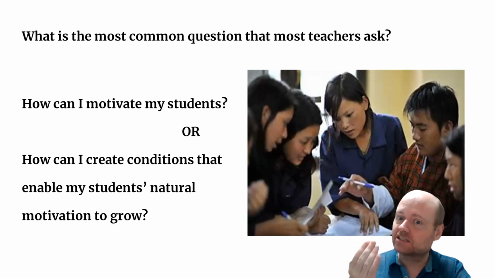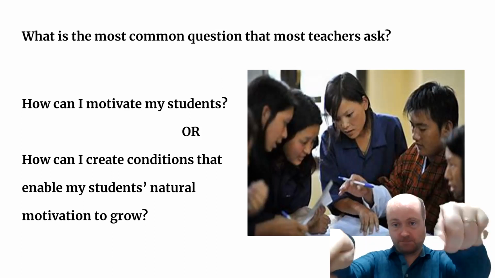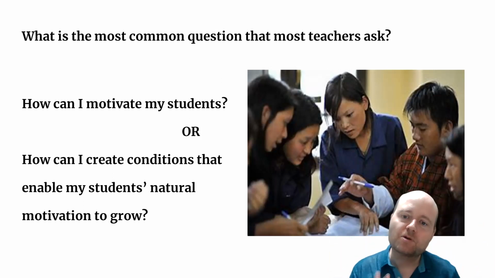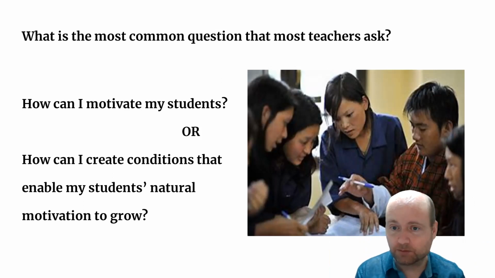This is a question that a controlling teacher asks. How can I give them motivation? How can I control their motivation? But according to self-determination theory, this is the wrong way to think about it. People motivate themselves. You can never control somebody else's emotion or motivation.